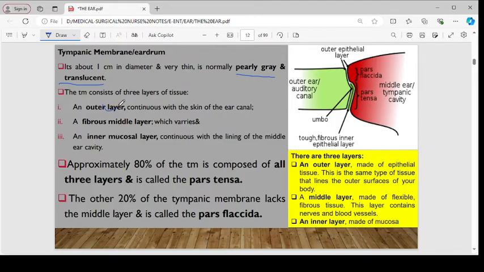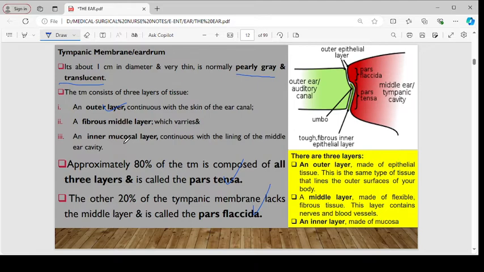We have the outer layer, which is continuous with the skin of the ear canal, the fibrous middle layer, which varies, so you find it is present in the pars tensa and absent in the pars flaccida. And then lastly, we have the inner mucosal layer, which is continuous with the lining of the middle ear cavity.